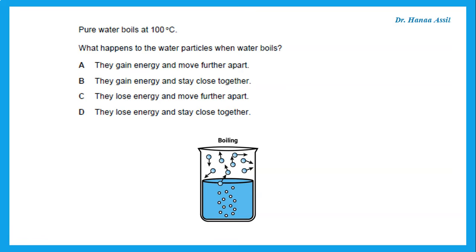And then they will move from liquid to gas. So will they move further apart or stay close together? Well, they will move further apart. So during boiling, the particles gain energy and they move further apart and become a gas.